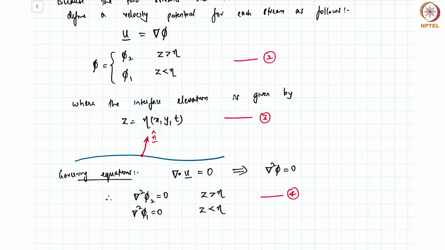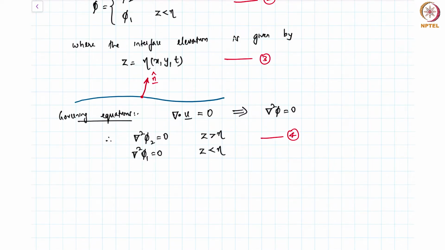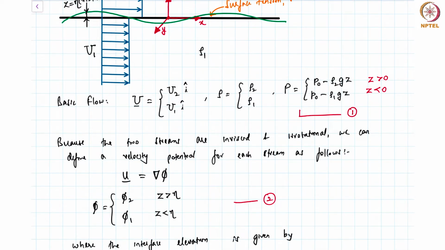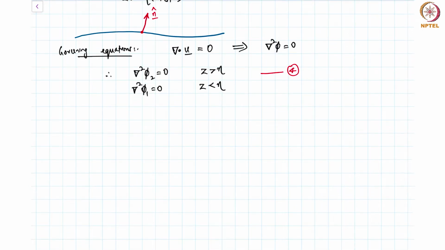Okay, so now that we have this, we have to write down the boundary conditions for the base state. Remember, we are writing down the base state currently. We're describing the basic flow or the full problem. Let's write down the boundary conditions, with a different color.